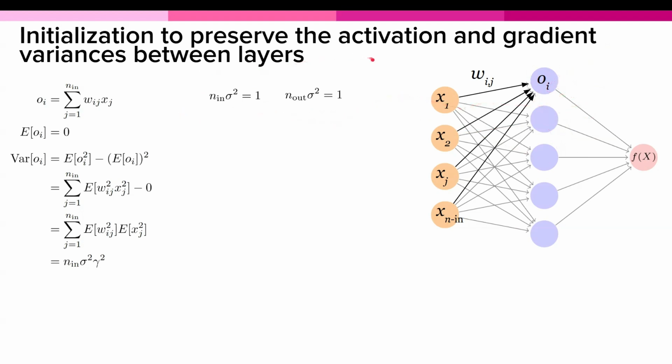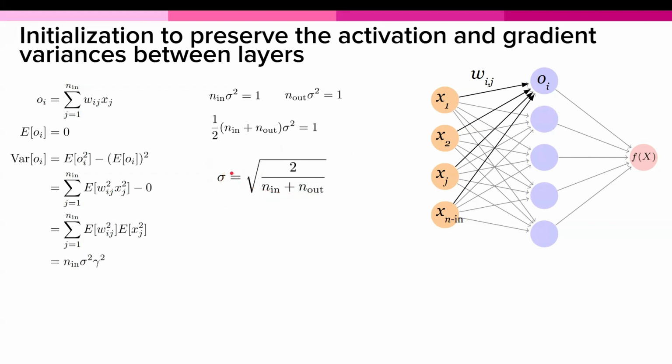And so we can't satisfy both of these constraints simultaneously, but we can split the difference. Let's just say that the average of these two should be equal to one. By rearranging, we can solve for the variance to satisfy these two conditions simultaneously.